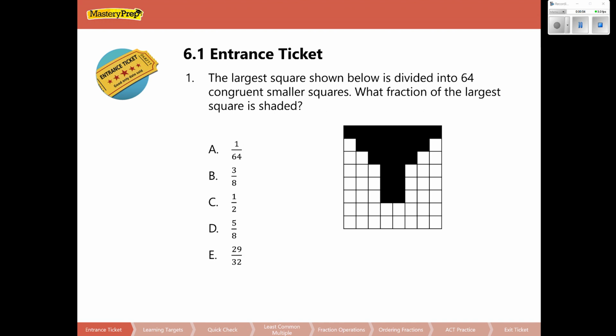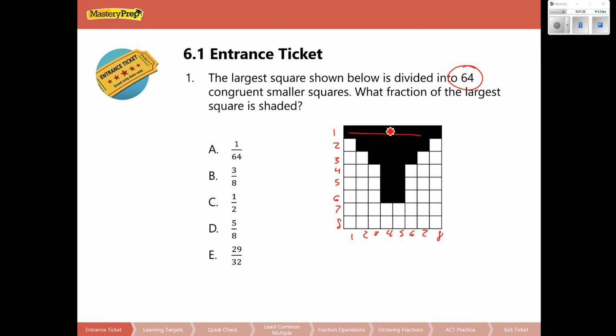So when we look at this, we add up all the shaded squares and divide it by the whole. Now, if we look at this, we've got 1, 2, 3, 4, 5, 6, 7, 8 by 1, 2, 3, 4, 5, 6, 7, 8. We could count it up, but they did tell us there were 64.